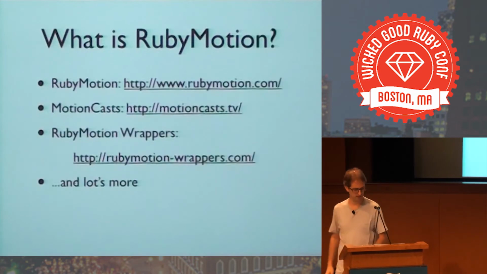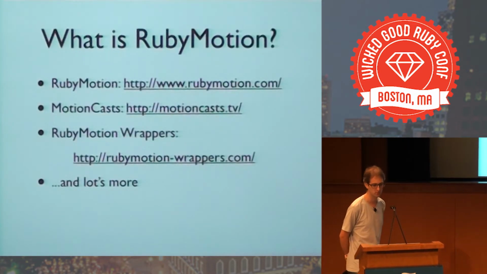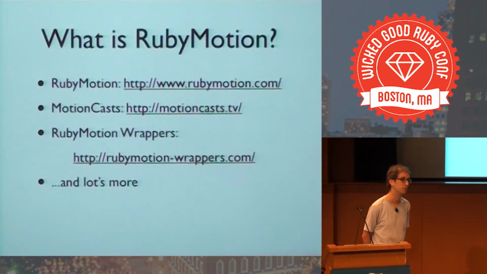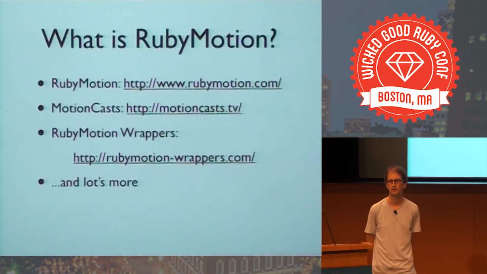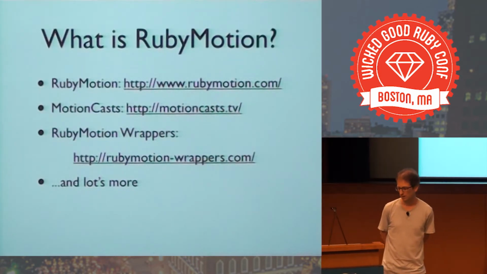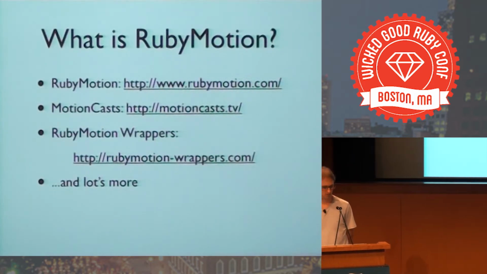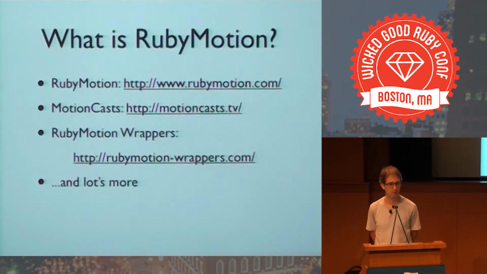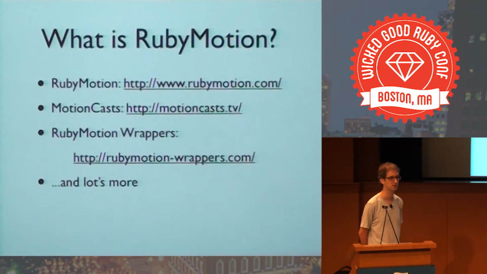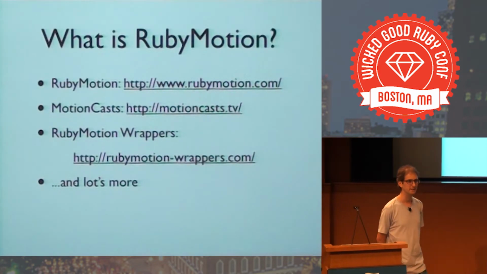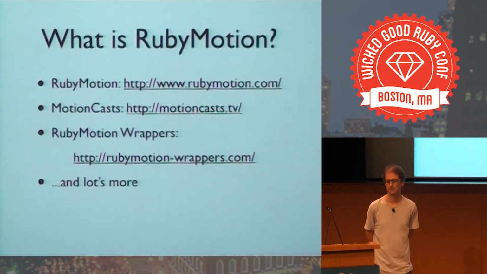Now, there are lots of great resources if you would like to know more about RubyMotion. The RubyMotion site itself actually has a decent number of documentation and community resources that you can look up. There's a couple of other resources. Motioncasts is this really neat series of screencasts.